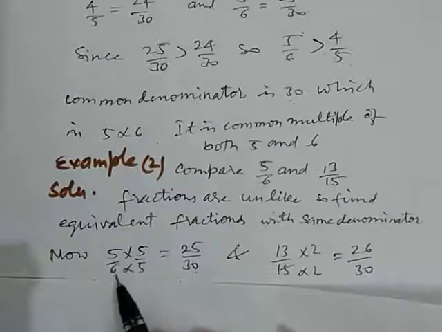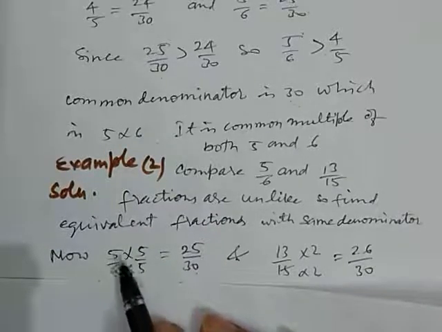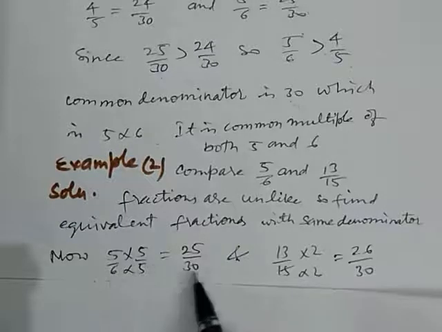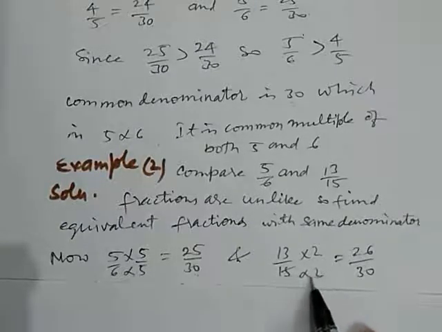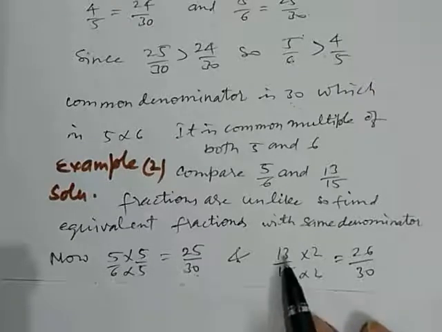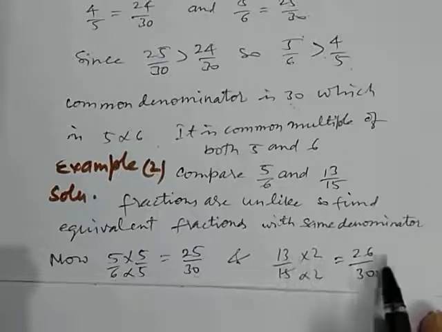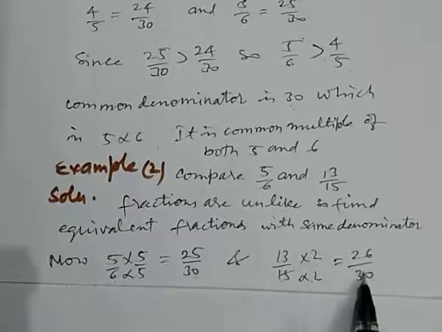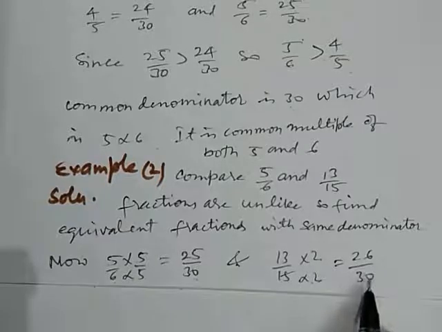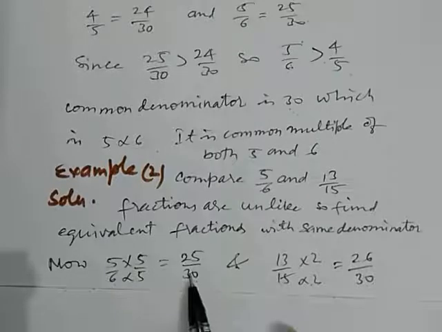So here 5 by 6, multiplying both numerator and denominator by 5: 5 into 5 is 25, 6 into 5 is 30. And also here 13 by 15, by multiplying by 2 we get 30, so we multiply numerator and denominator both by 2: 13 into 2 is 26 and 15 into 2 is 30. This way we can get equivalent fractions having the same denominator.